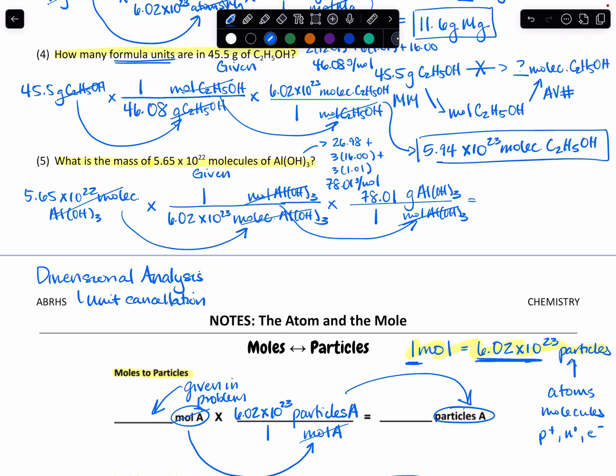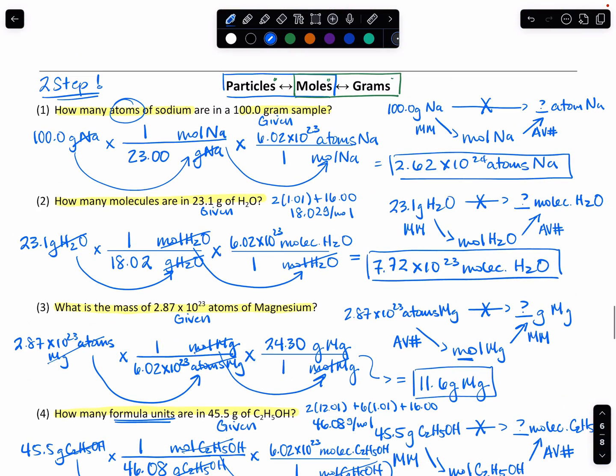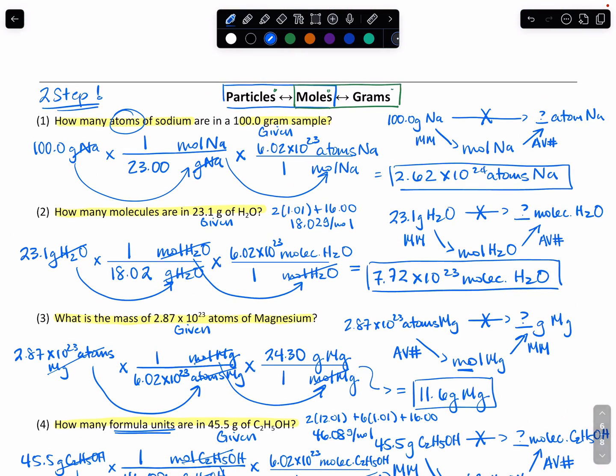I'll be left with grams. So 5.65 times 10 to the 22nd times 78.01 divided by 6.02 times 10 to the 23rd tells me that I have a mass of 7.32 grams of AlOH3. So in other words, 5.65 times 10 to the 22nd molecules of AlOH3 has a mass of 7.32 grams.